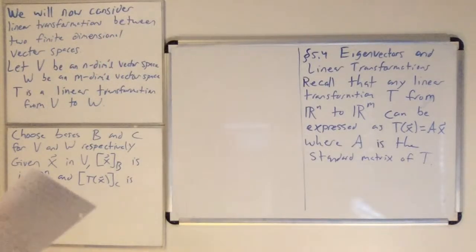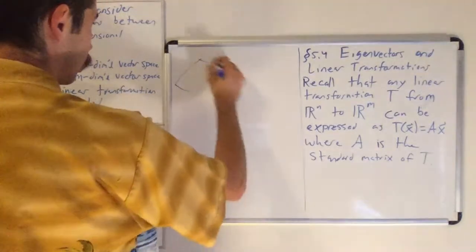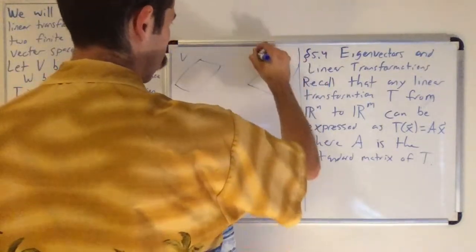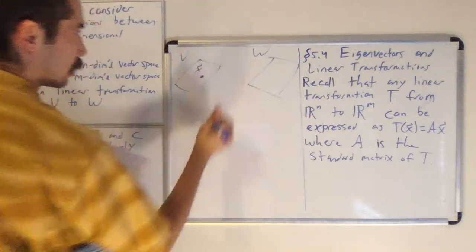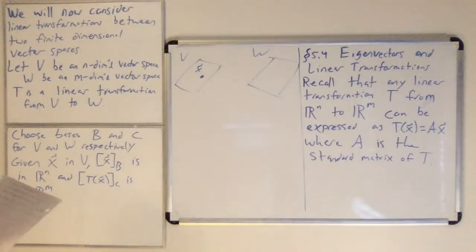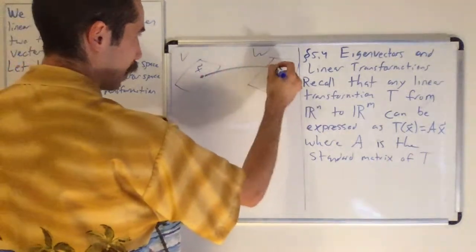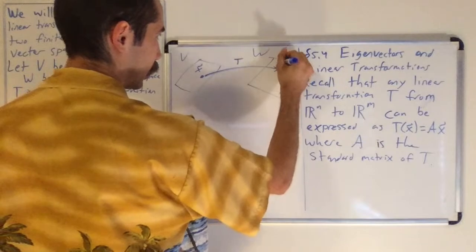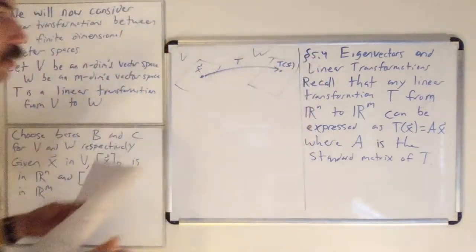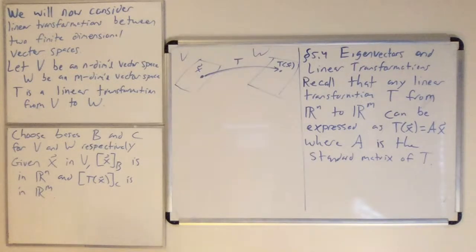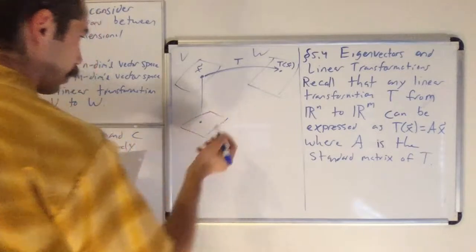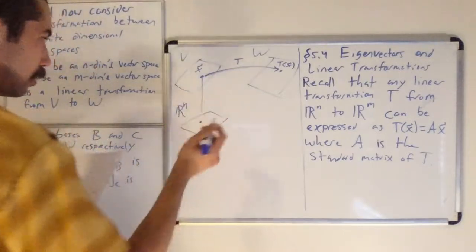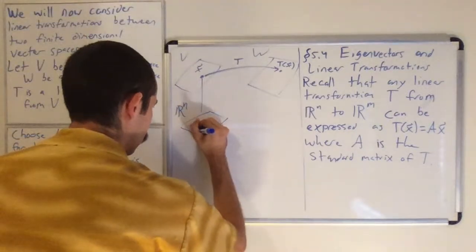Okay, so let's say that this here is V, over here is W. And we have some vector in V, which we call X. And it gets mapped by T to some vector T of X. But we could also map X, let's say this is Rn down here, to its B coordinate vector in Rn.